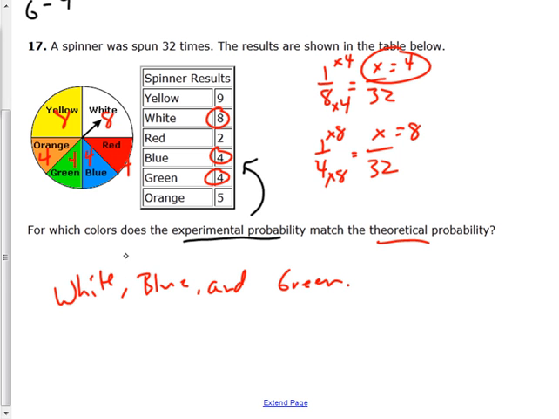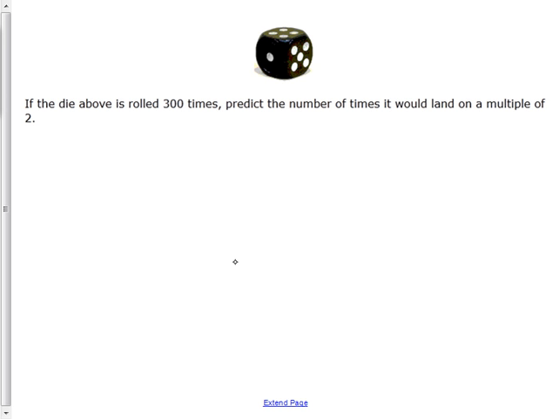All right, so it does actually match. Our theoretical probability and our experimental probability match. Okay, this is kind of what we always say, it's a prediction, so we wouldn't expect it to match, but sometimes it actually does.